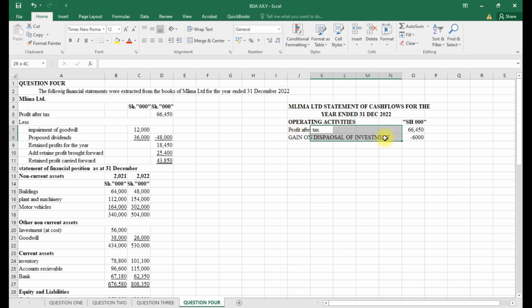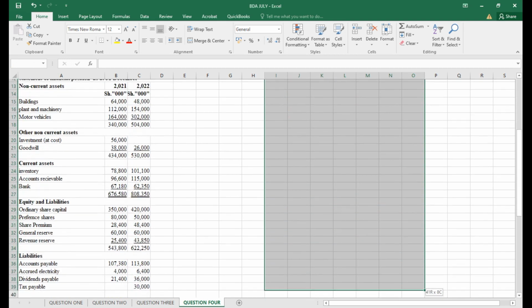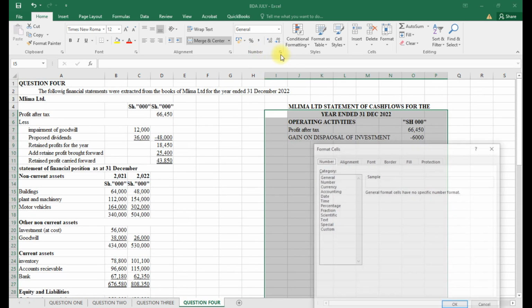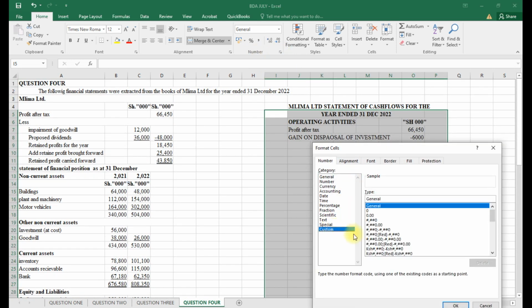Again, let me format this area to include the bracket, let's use the bracket instead of negative.